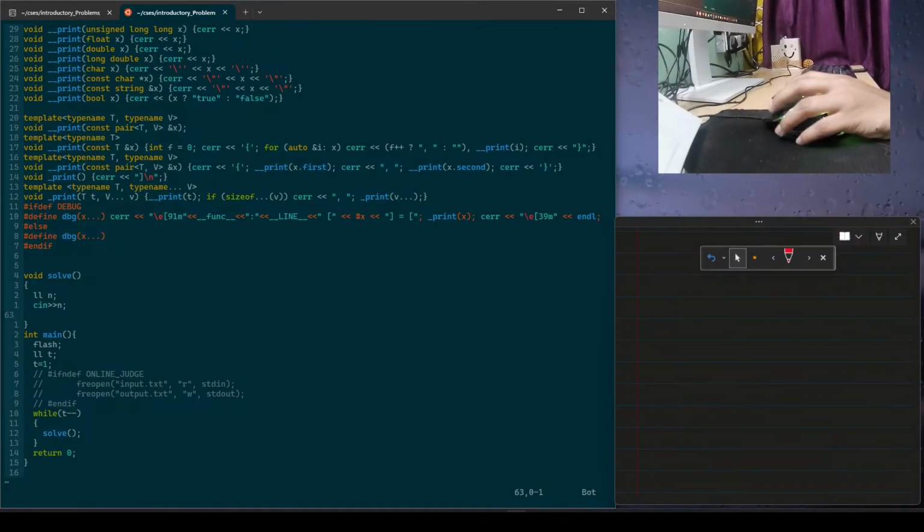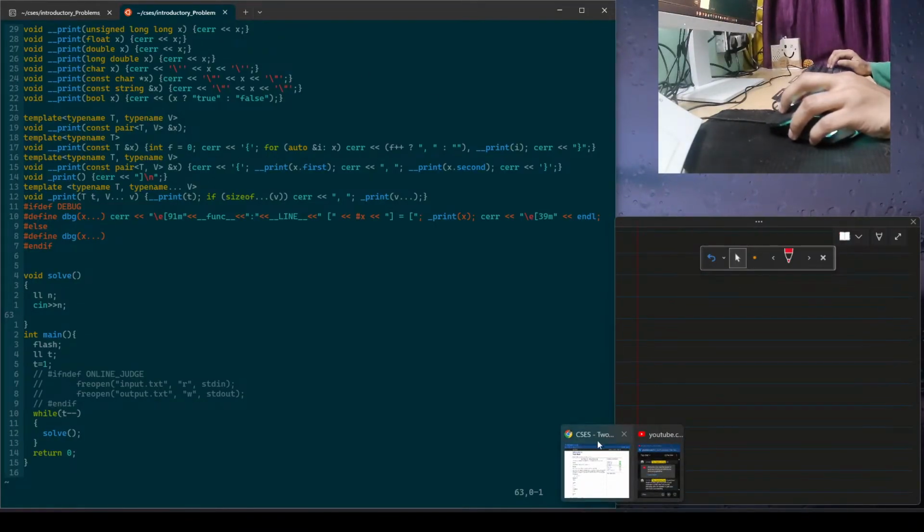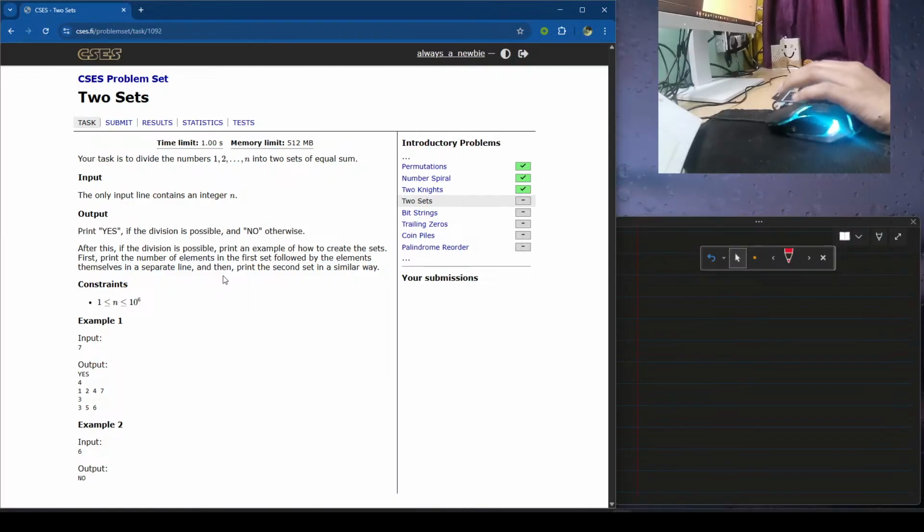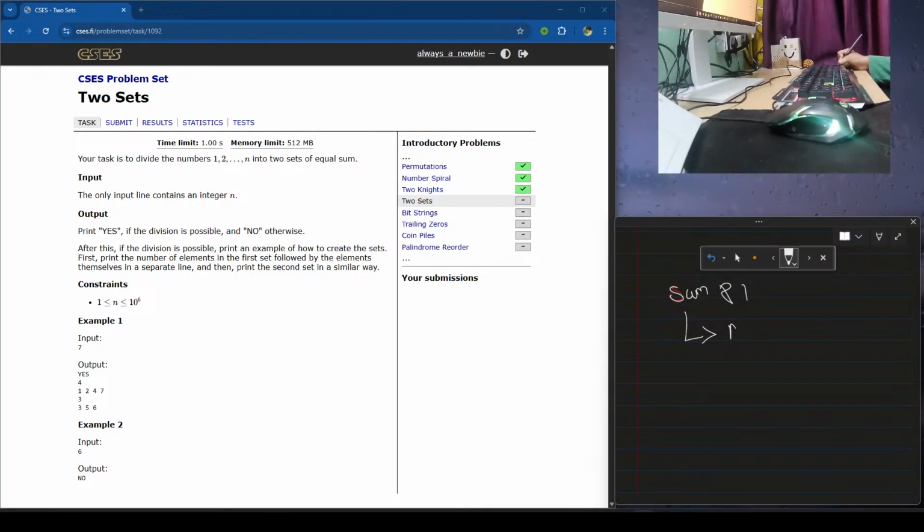Okay, so I'm back. The problem I was trying to solve was two sets. I need to divide the numbers into two sets of equal sum. I know one thing for sure: if the sum is odd, then it won't be possible to solve the problem, and the answer will be simply no. And what is the sum?